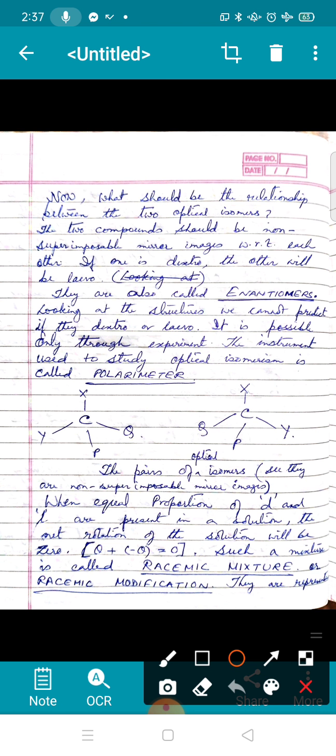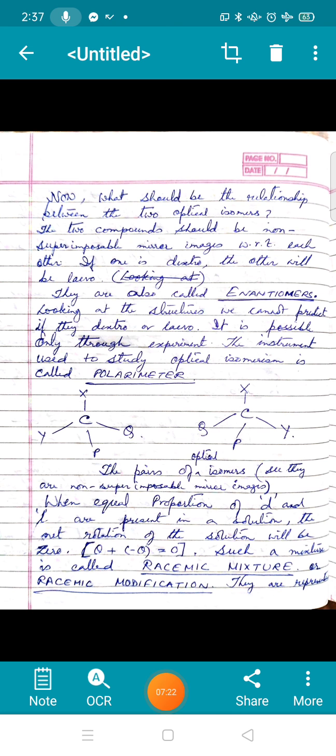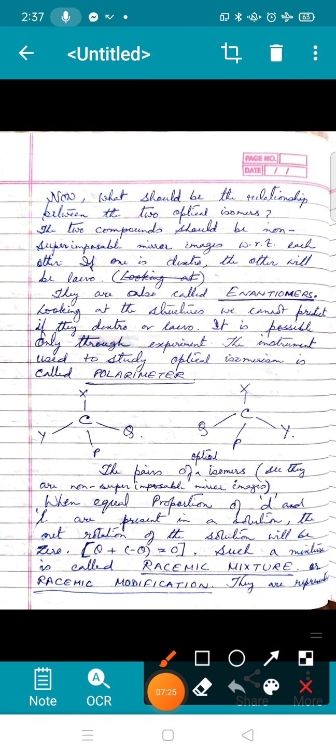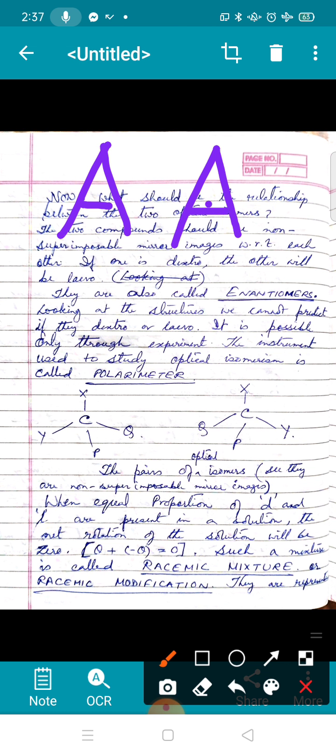Say for example, suppose I take the alphabet A. The mirror image of alphabet A is also alphabet A. Now if I lift this and place it over here, then they will exactly match each other, isn't it?